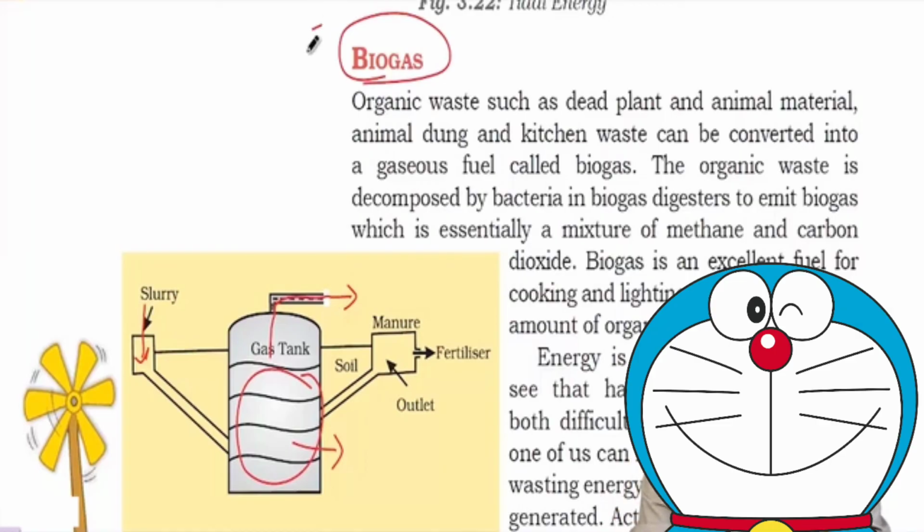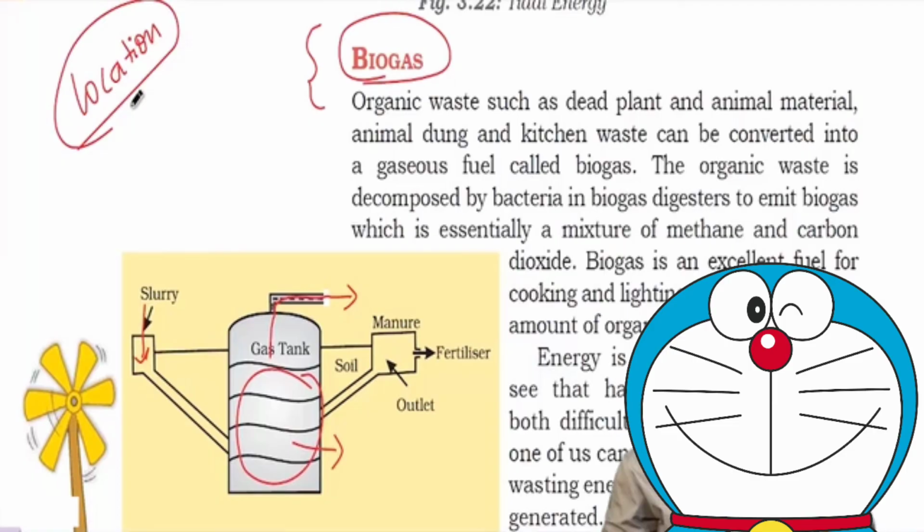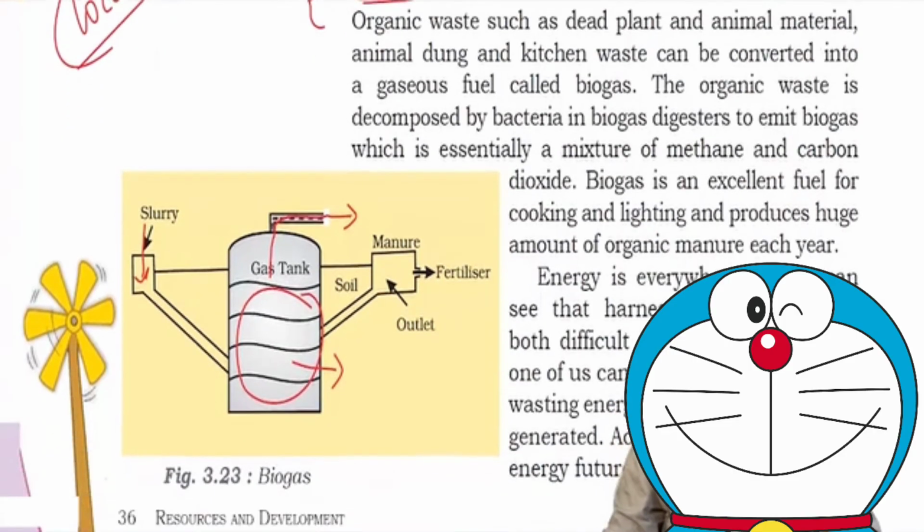So this is what we talk about biogas. I don't want to explain all this in detail because these are basics and you read them in science and technology. But in geography, what is more important for us is the locations of these. In India, Bihar and other regions, usually we go for biogas production.